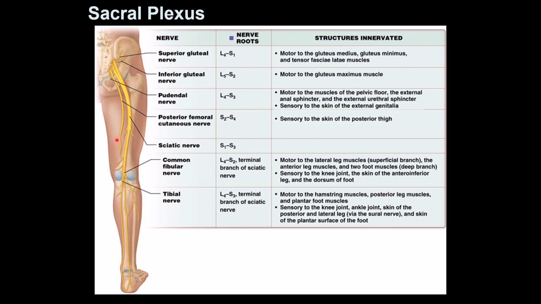The tibial nerve supplies the muscles of the back of the leg and the muscles in the plantar surface of the foot. The skin it supplies is the lateral and posterior part of the leg and the plantar surface of the foot.